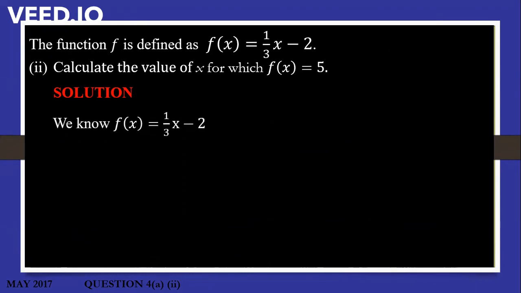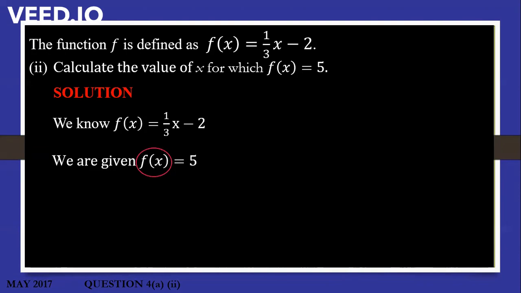So we were given that the function f of x is 1/3 x minus 2. We are required to find x when f of x is equal to 5. Here we are given our output value, which is 5, and we are required to find our input value.